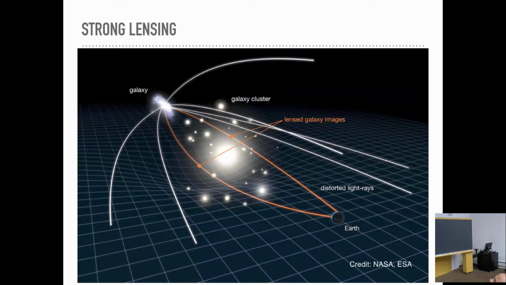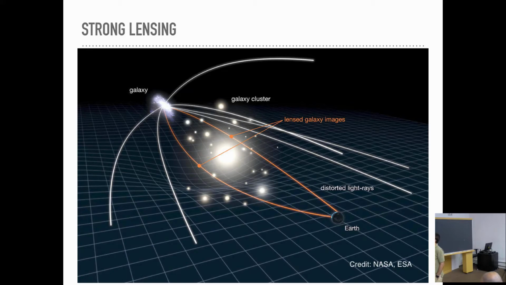So let's give a very brief introduction to strong lensing. What is strong lensing? Strong lensing is a particular regime of gravitational lensing that we can observe whenever we have a very good alignment between the observer, a mass distribution which is big enough, the lens, and a background source that could be, for example, a galaxy or some point-like source like a quasar or whatever.